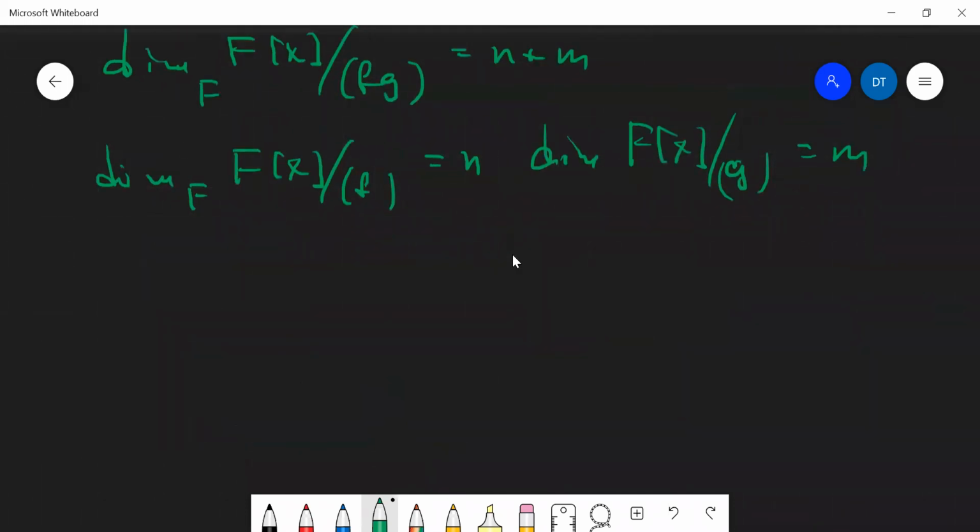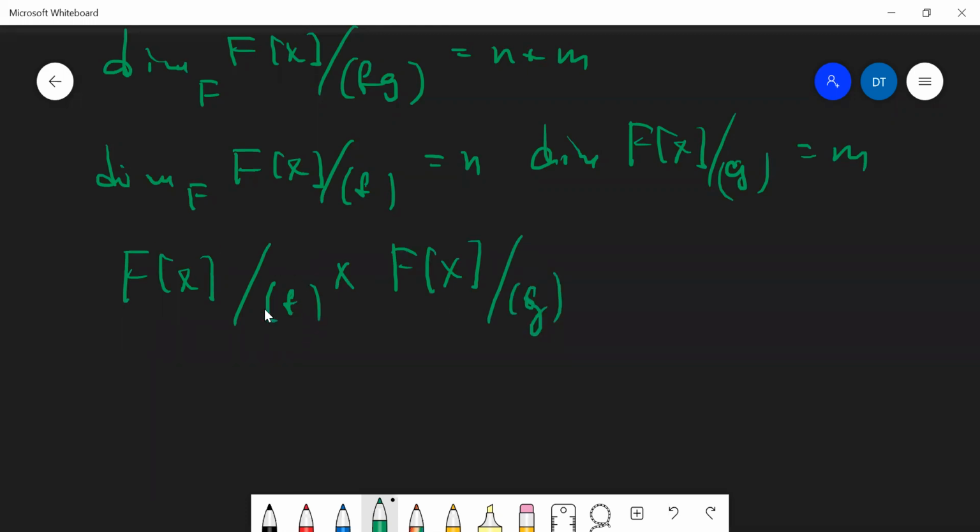And similarly, this thing is also a vector space, which is a direct sum of these two spaces. I don't know, are you familiar with this term? Yes, we are.